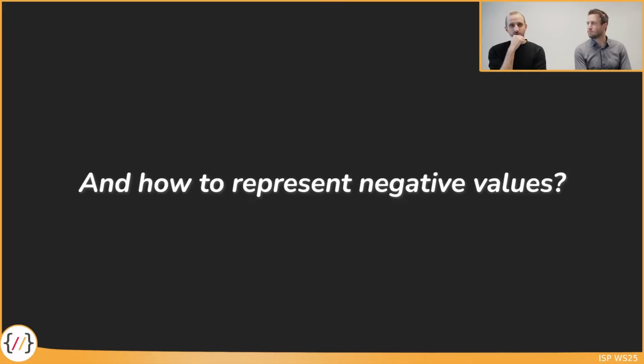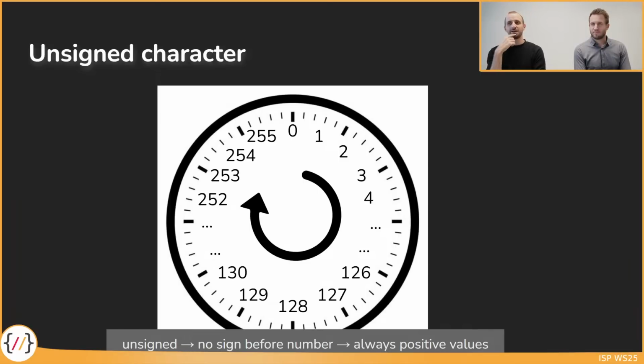You might now wonder, how can we represent negative values? Because we have 0, and when I subtract 1 from 0, I end up with 255. How could this be? Why is it not -1? There is one additional thing you have to enter when you want to have positive or negative values, and it's called signed or unsigned.